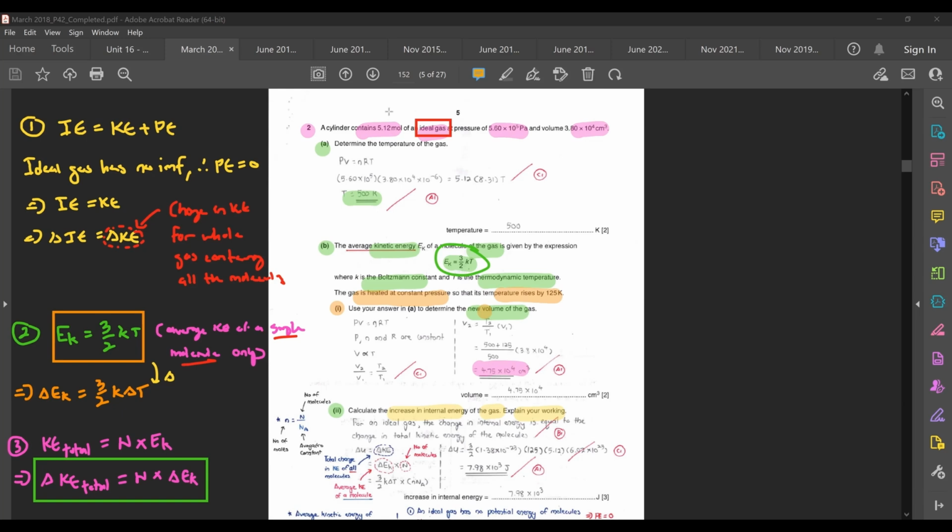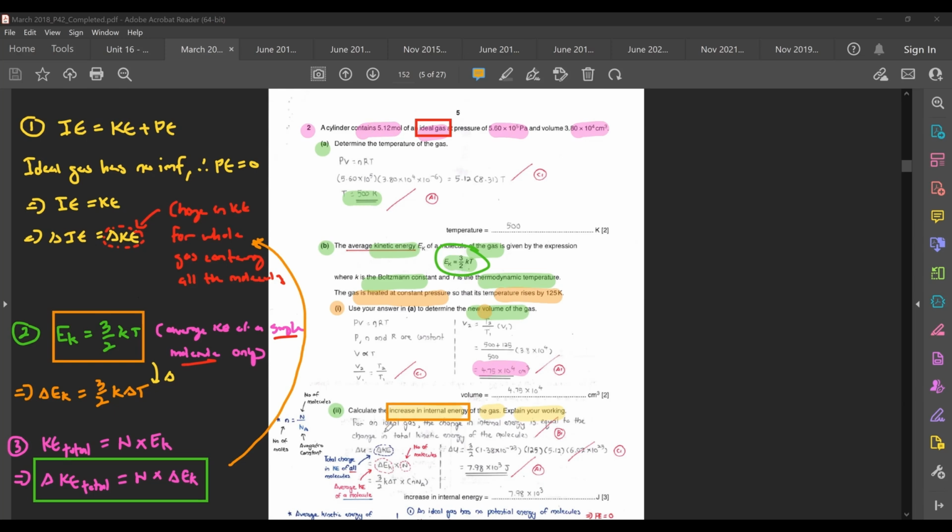From there, you should be able to then relate it to this first part here, where you then say that the change in kinetic energy is equal to your change in internal energy. Your question is asking you to find the increase in internal energy of the gas, right? So you need to find the change in kinetic energy first. But before that, you need to explain how you get to that part.